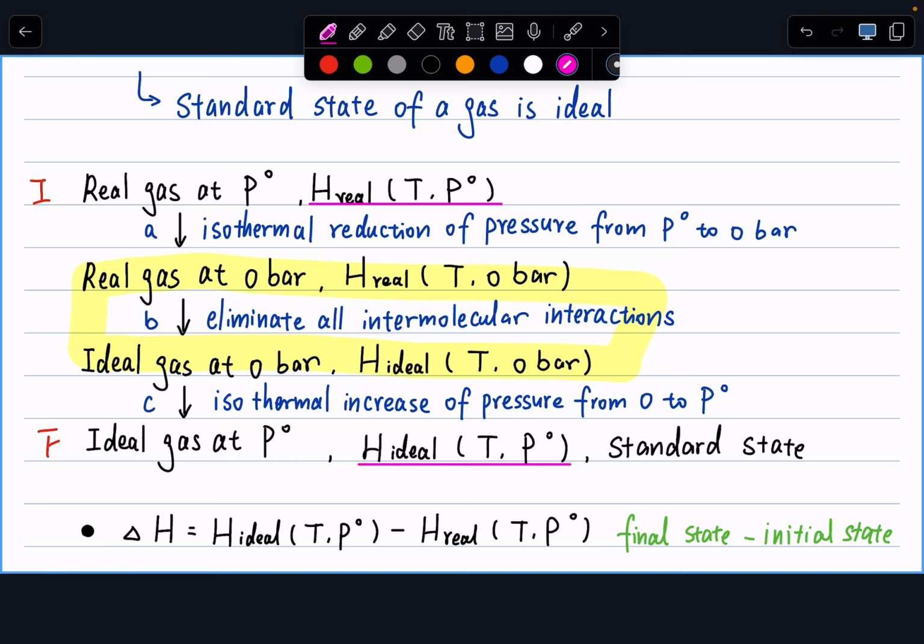So what do we have here? If we focus on process A, what is this? The nature of this one is an isothermal pressure change of a real gas. All right. So, which equation should we use when we're trying to solve for an isothermal pressure change of a real gas?